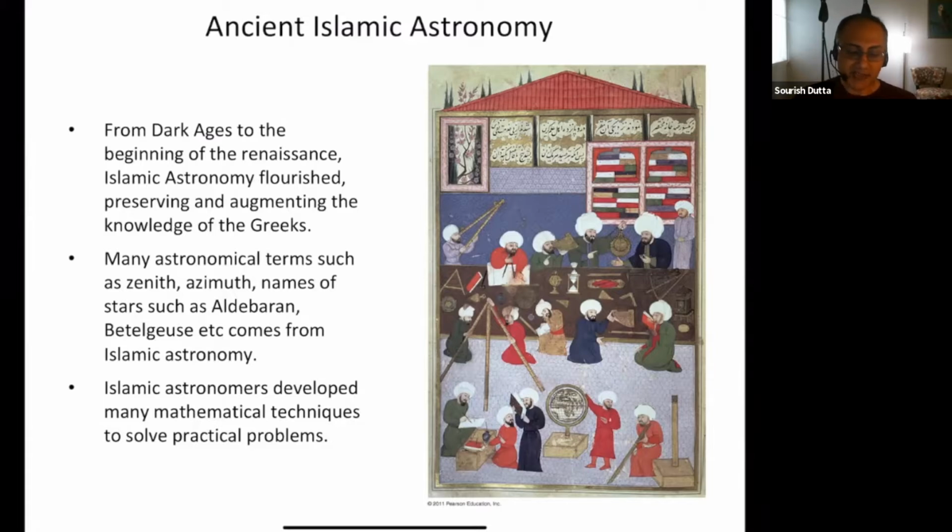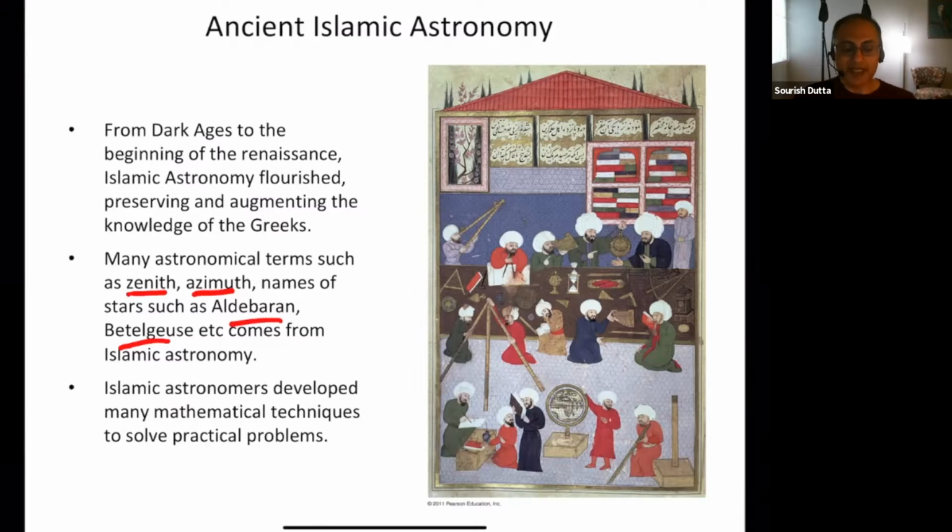Many astronomical terms such as zenith, which I discussed at the end of the last chapter, azimuth, and the names of several stars such as Aldebaran and Betelgeuse, all come from Islamic astronomy. Many stars have strange sounding names to us because these names are based in Arabic.